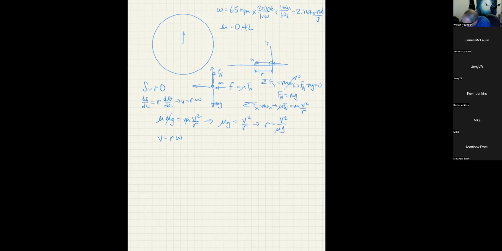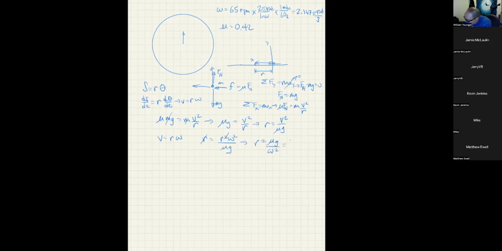So I can put that in there as well. Now I can say r is equal to r squared omega squared over mu g. And what that tells you is that we already know omega. That's what we calculated up there. So cancel out this r with one of those. And now I've got r is equal to mu g over omega squared.